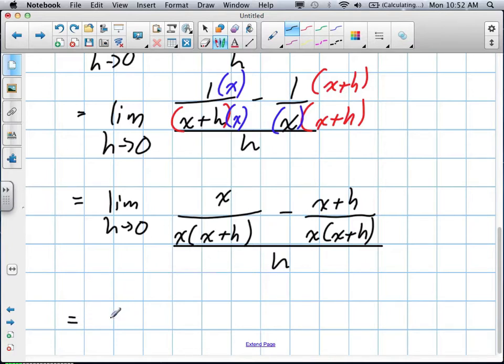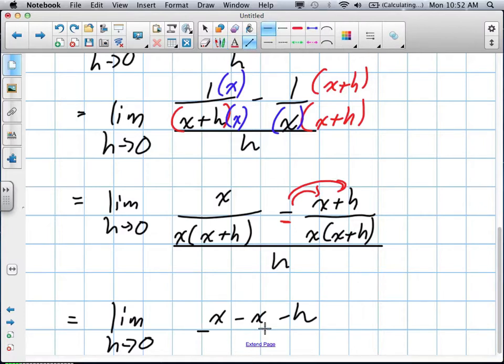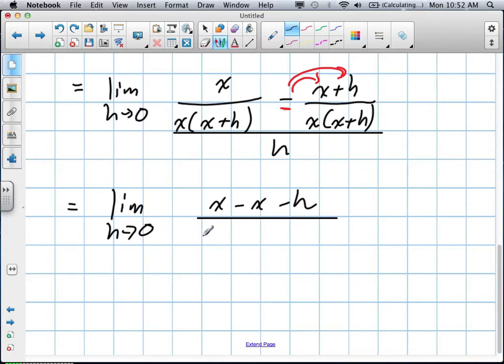We have a common denominator, so we're going to combine these fractions, and we're going to get x subtract x, subtract h. Think of it like a distributive property. We took this negative and multiplied it to both of the terms. All over, because our denominator is the same, x times x plus h, divided by the term h.